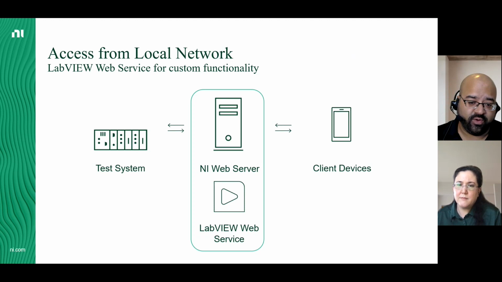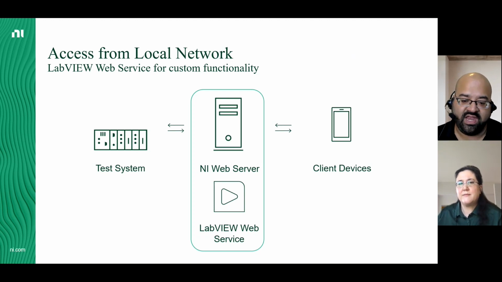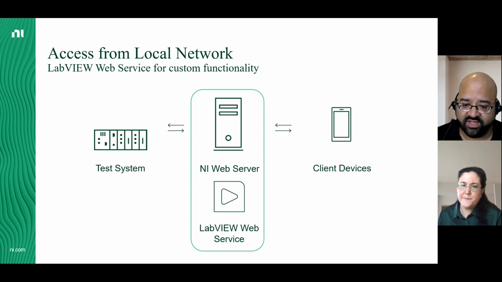So this is useful if you have advanced functionality that doesn't really fit well with the tags and messages paradigm, and you want to have a lot more control of the endpoints. What you could do is have your G Web diagram use the HTTP client to do GET and POST requests to the server, and have a LabVIEW web service listen for those GET and POST requests, do custom logic, and provide a response back.